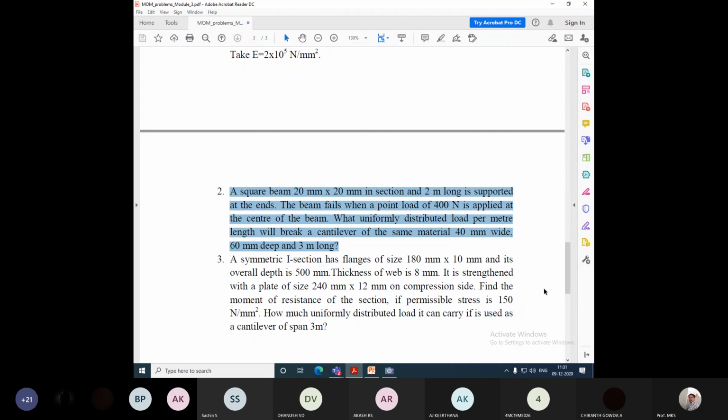So for the same load, if the beam is of cantilever type, you need to find the load. The first part they have given is a simply supported beam with some applied load at the center.